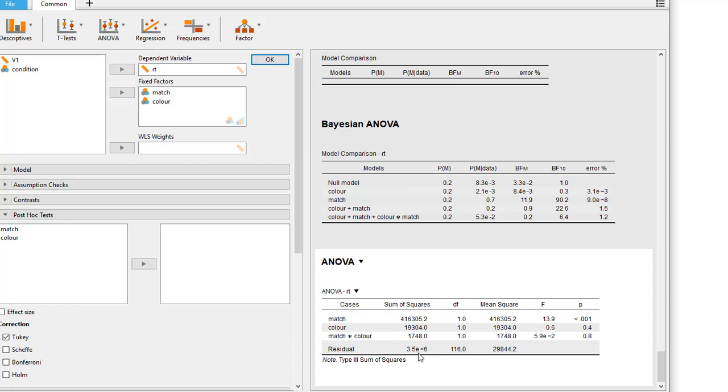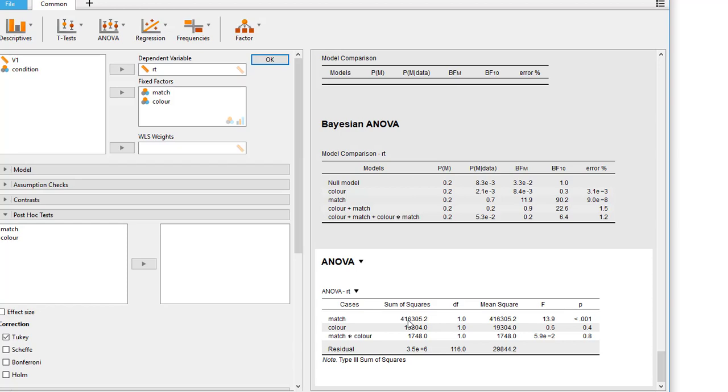This is the residual effect. If we add the four sums of squares, we obtain the sum of squares total. And in terms of degrees of freedom, if we add them, we obtain the degrees of freedom total, which is 119. Degrees of freedom total is 1 less than the number of participants. Why is degrees of freedom here 1? Because we've got 2 values of the variable match, and the degrees of freedom is 1 less than the number of values, and the same with color and with the interaction.